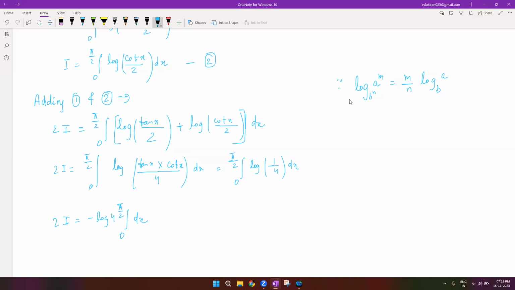These two properties are very important. In the case of log a plus log b, and log a minus log b, we just have to add division in that. Log a plus log b is equal to log of ab. So these two properties of logarithm are very important and we can see that we are repetitively using them.